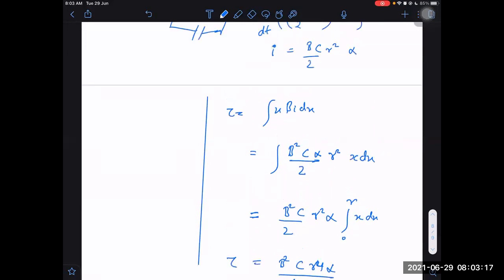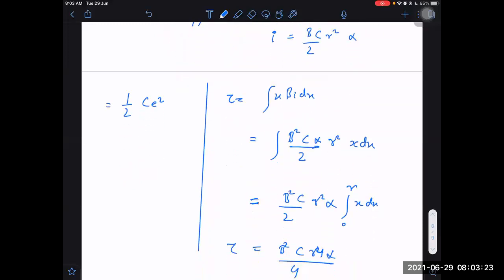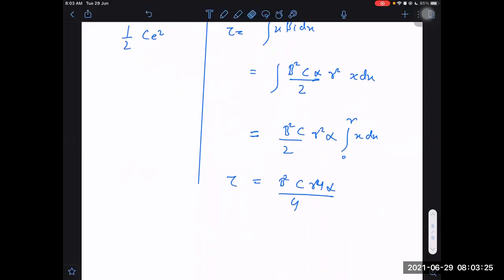And what is the energy stored? Half C E square. And what is the rate of energy stored? Rate of energy stored is dU by dt, which is equal to half C into 2E into dE by dt, that is C E into dE by dt.